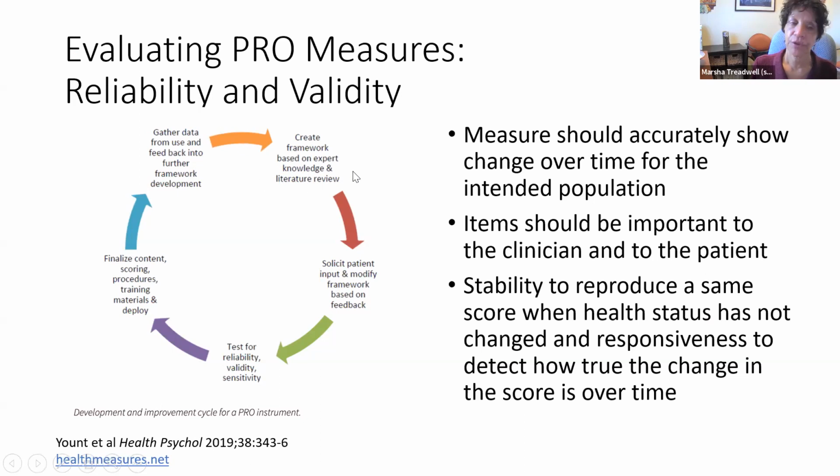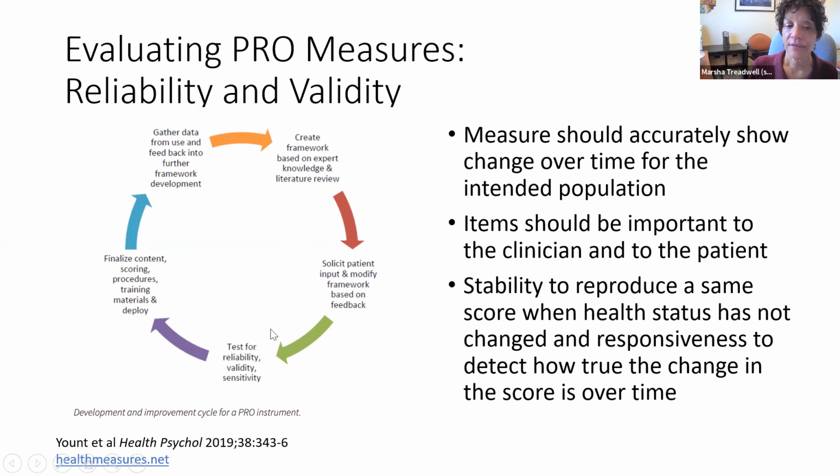We did a literature review and worked with an expert panel to decide what were the domains that would be important in that measure. Then we got input from people with sickle cell disease and their families and modified our framework based on the feedback. And so from that framework came questions that we asked people about their quality of life or patient-reported outcomes.